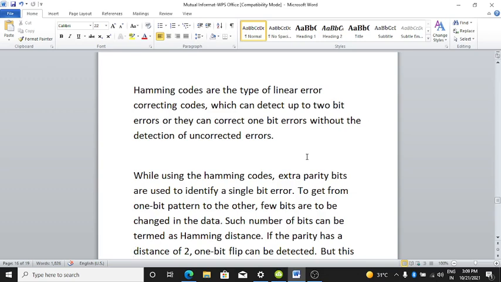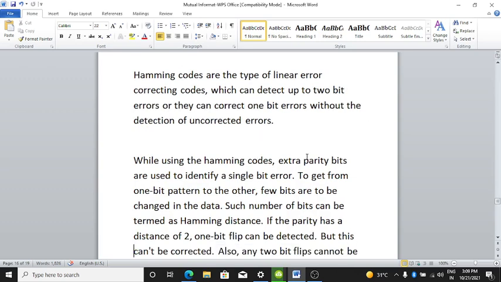While using Hamming codes, extra parity bits are used to identify a single bit error. To get from one bit pattern to the other, a few bits are to be changed in the data. Such number of bits can be termed as Hamming distance.